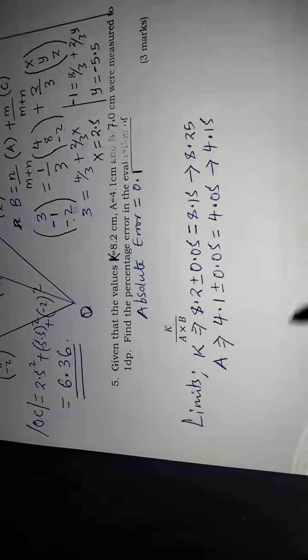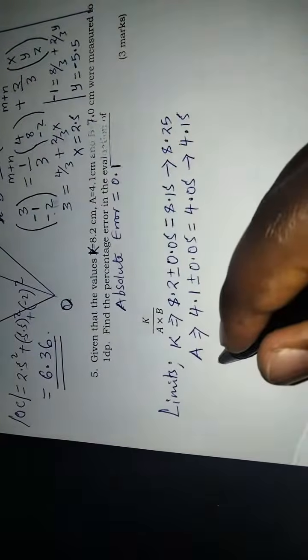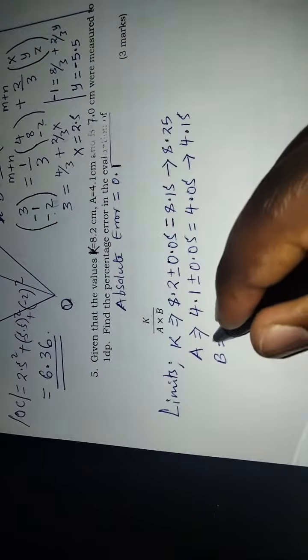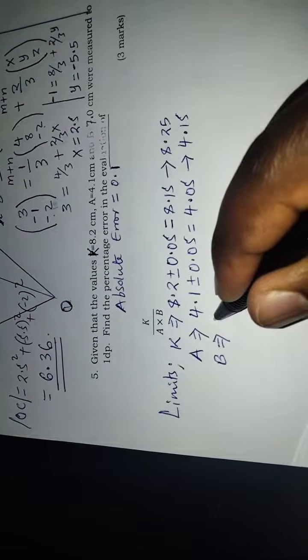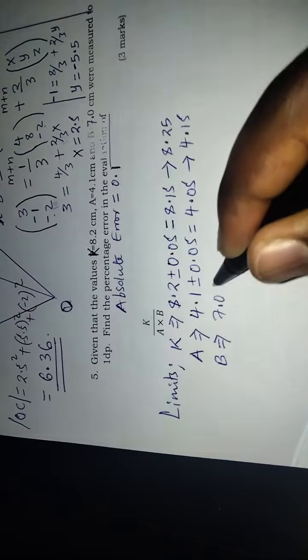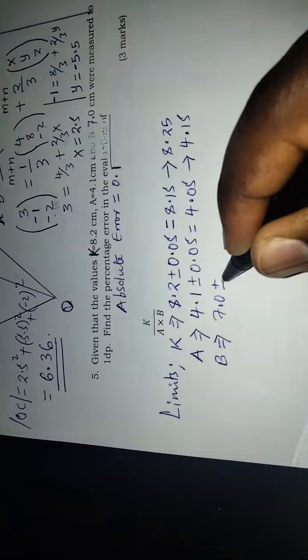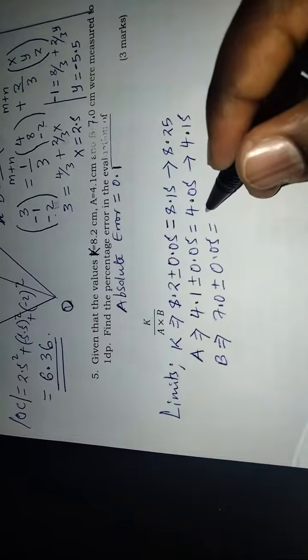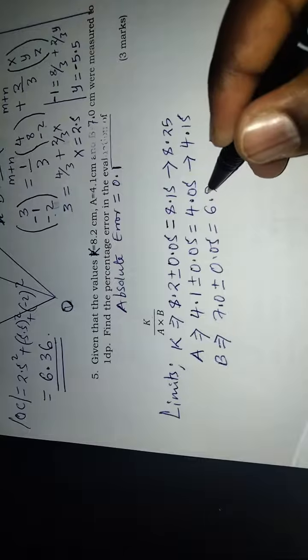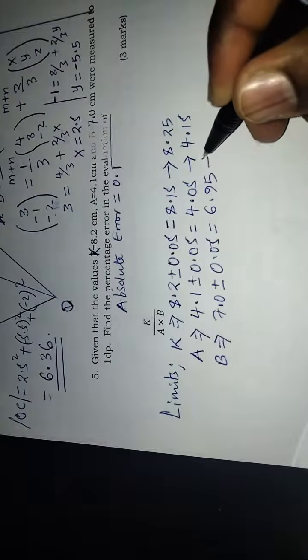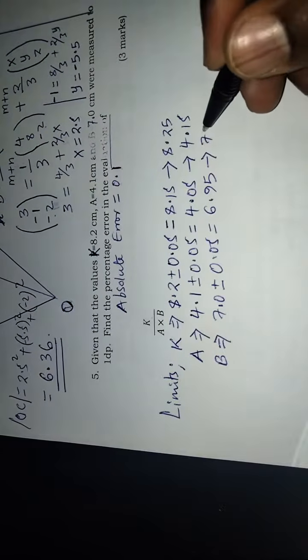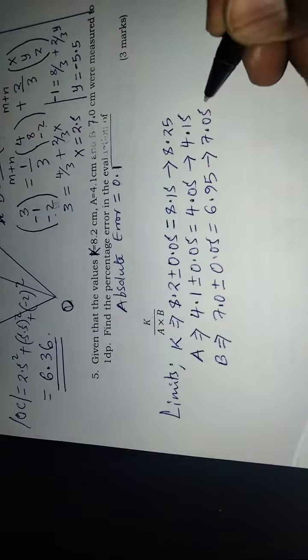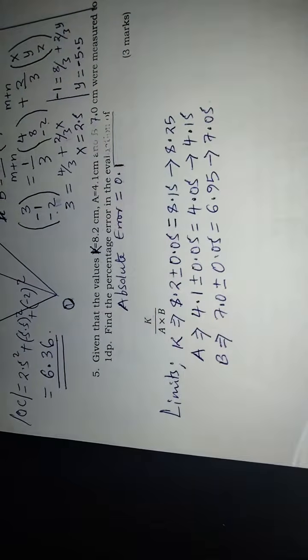Then the limits of quantity B, which is already 7.0, we're going to add the same 0.05. This will give us all the way from 6.95 to 7.05. So those are the limits of recording the several quantities.